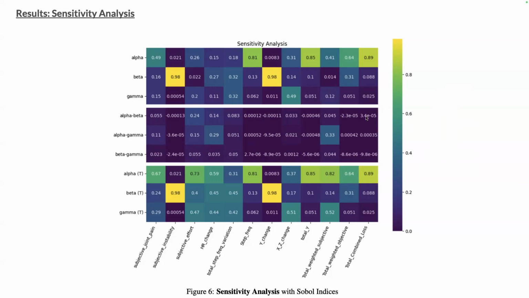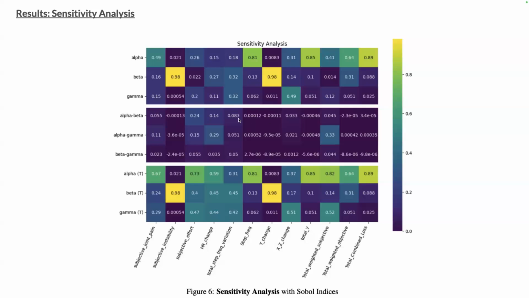The next three are the second order indices, and the last three are the total order indices. In other words, the way to interpret this is what variation in the output is explained by the variation in the input. As alpha changes, how does any of these specific, interpretable metrics also change?